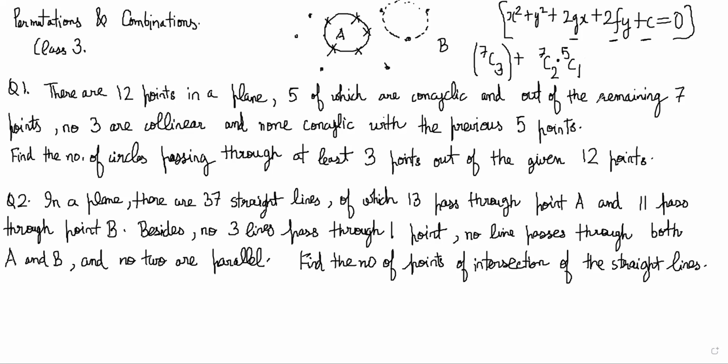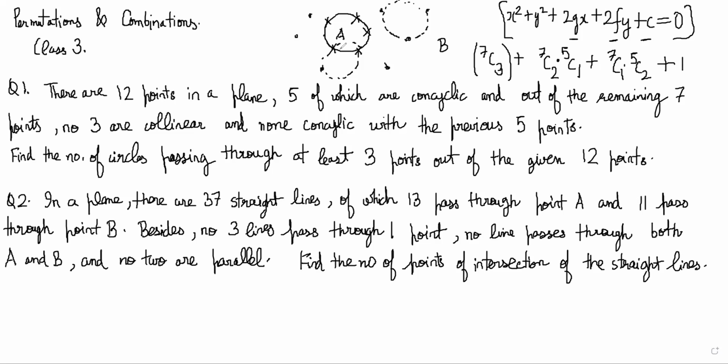Then the third case could be 2 points out of A and 1 point out of B. That can be done in 7C1 times 5C2 ways. And the last case is all 3 points in A, but there is only one circle like that. Okay, I get it.